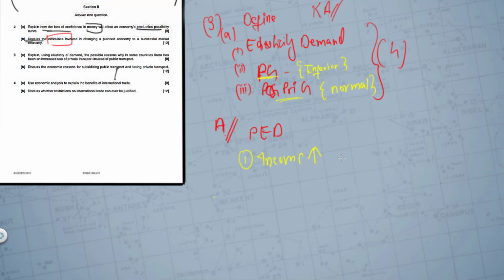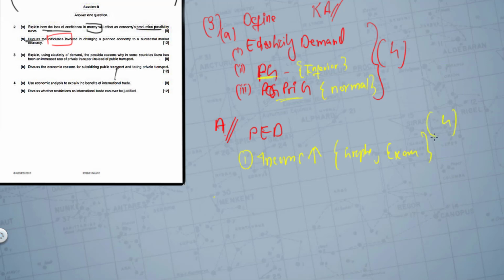For a normal good, the price elasticity of demand increases, and therefore we can use this to explain how the demand for private transport is increasing, and how the demand for public transport is decreasing. Now, if we can do all of that using graphs and examples to explain, you can get all 4 marks for analysis.